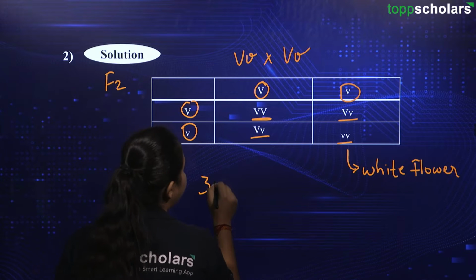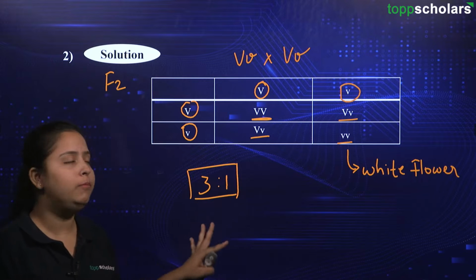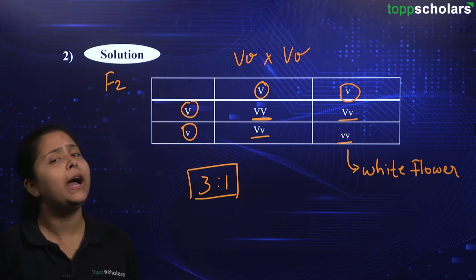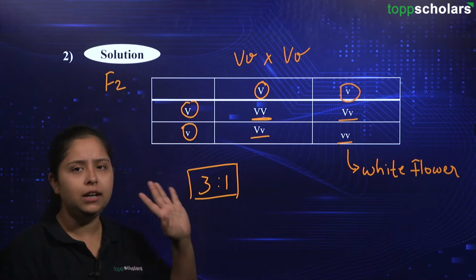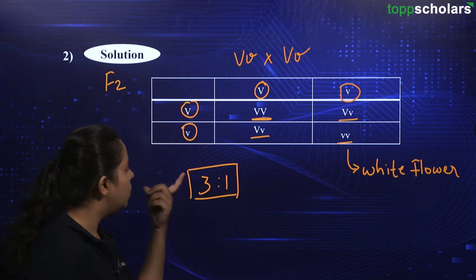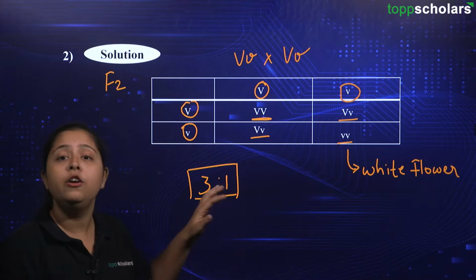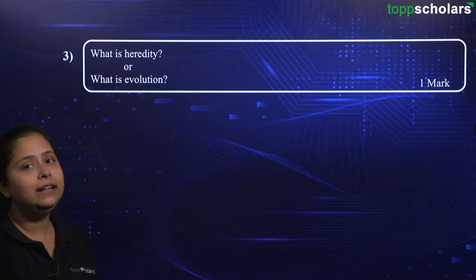So, we will have 3 violet to 1 white flower. This is the phenotypic ratio for Mendel's monohybrid cross. Monohybrid means we are only considering one character, that is the flower color. Similarly, if I only consider the plant's height, then this is the ratio that I'll get from that cross as well.